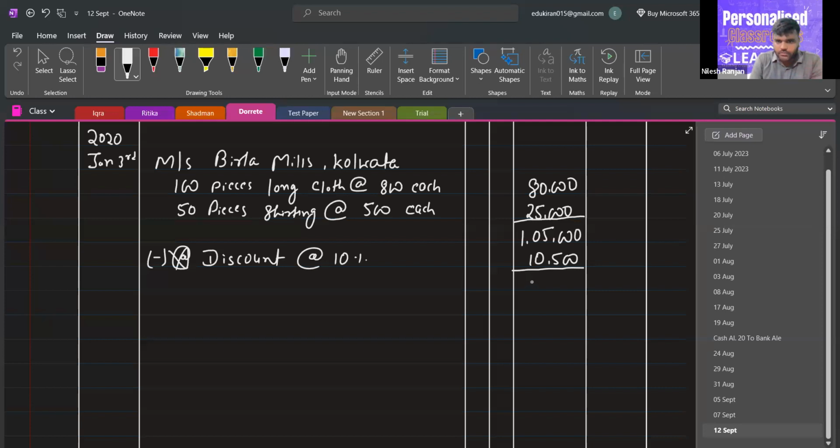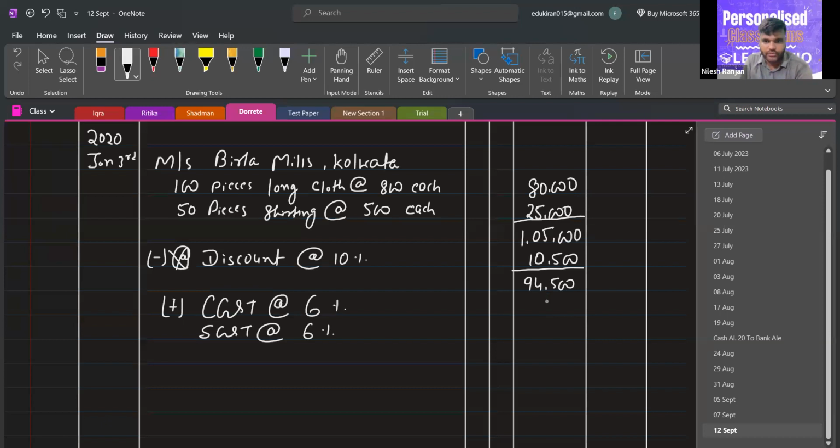Okay. So now 94,500, the balance. After that, maybe in some of the portion, CGST and SGST will be given at the rate 6%, so total 12%. So you will write 6% calculated, 5,670.